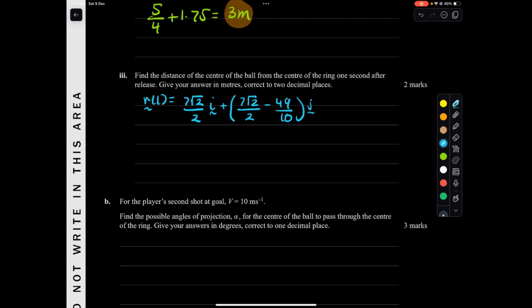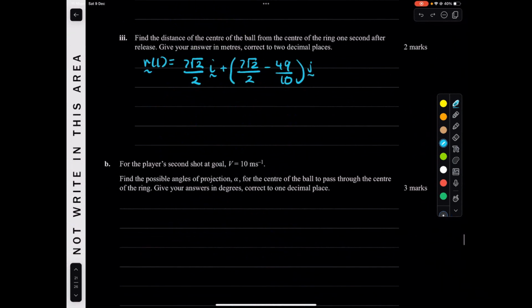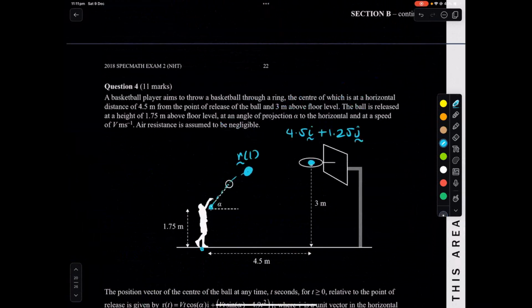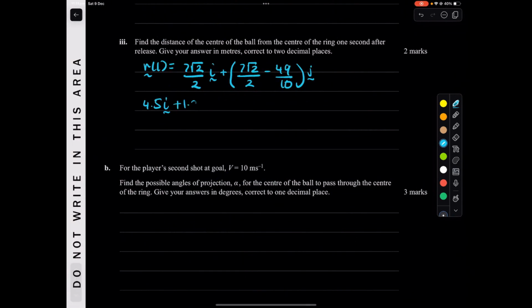And we know that the other one is just 4.5i plus 1.25j, minus r of 1.